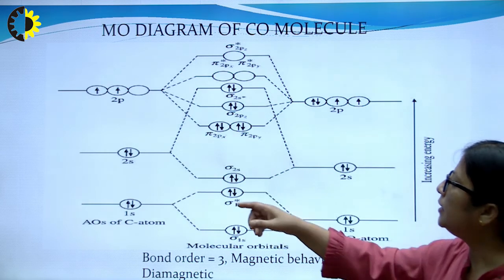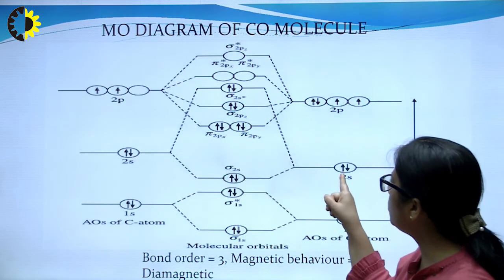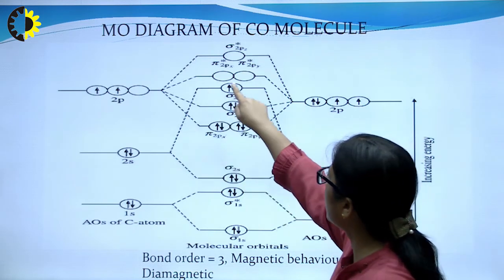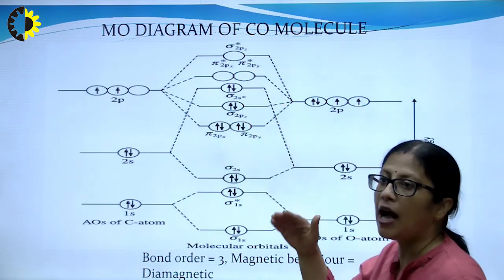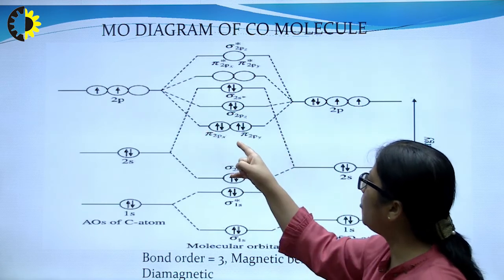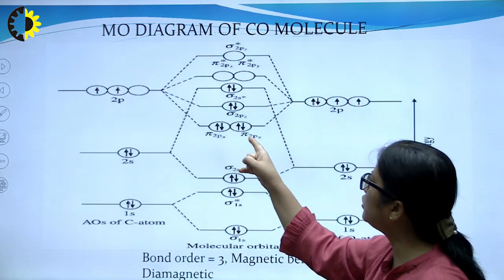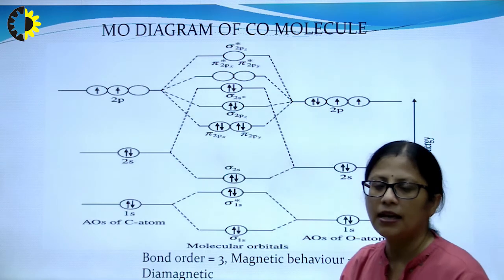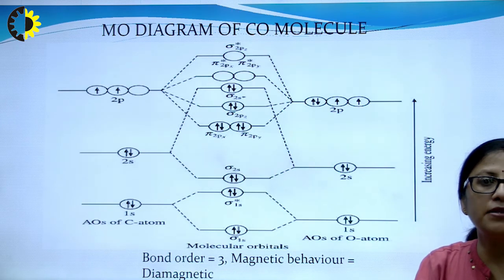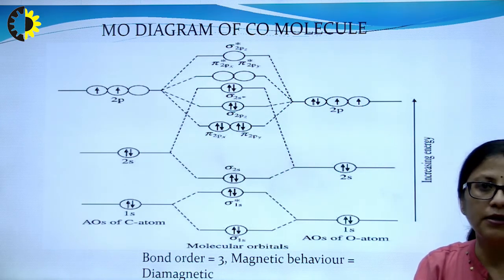So, here when 2s and 2s combine, the sigma 2s and sigma star 2s become higher in energy. As a result, these p orbitals, the pi 2px, pi 2py and sigma 2pz, become lower in energy in comparison to the sigma star 2s orbital.